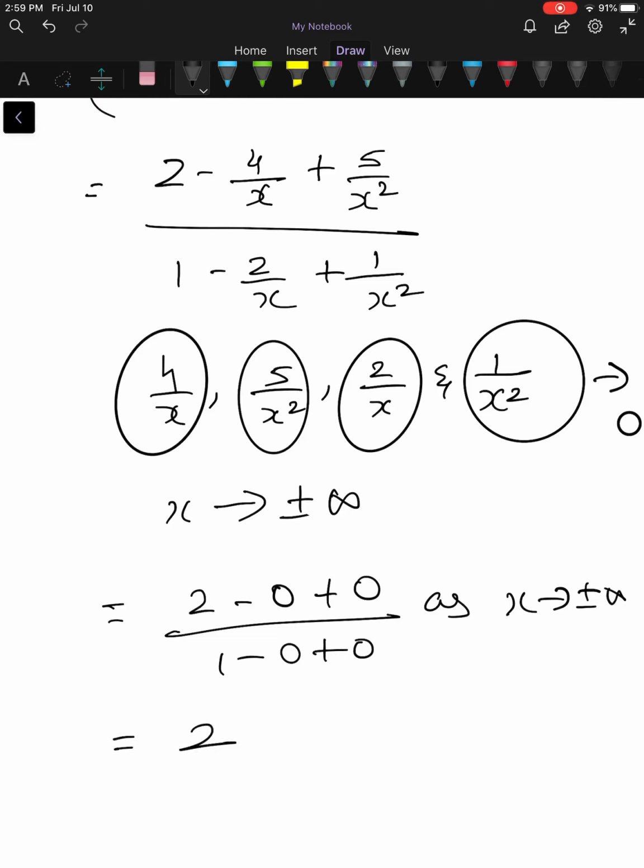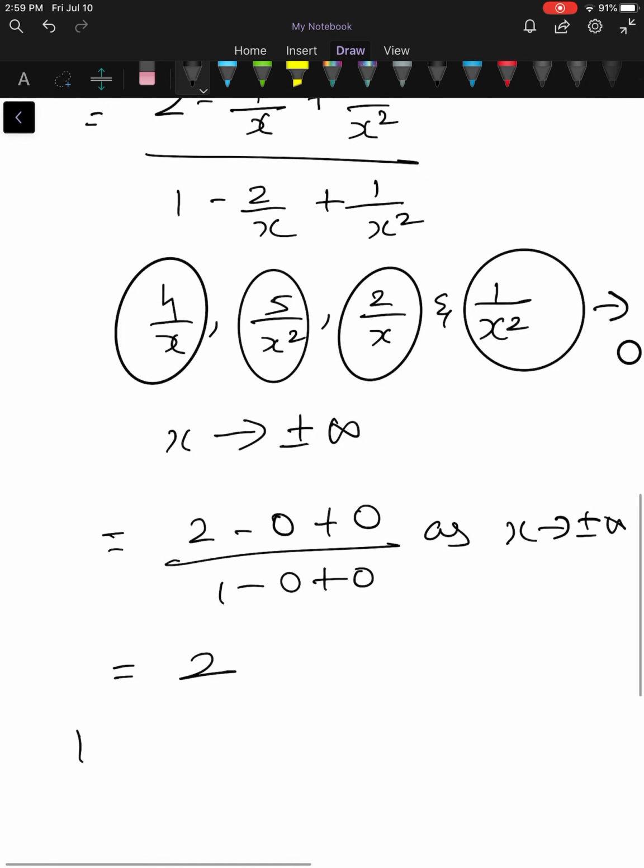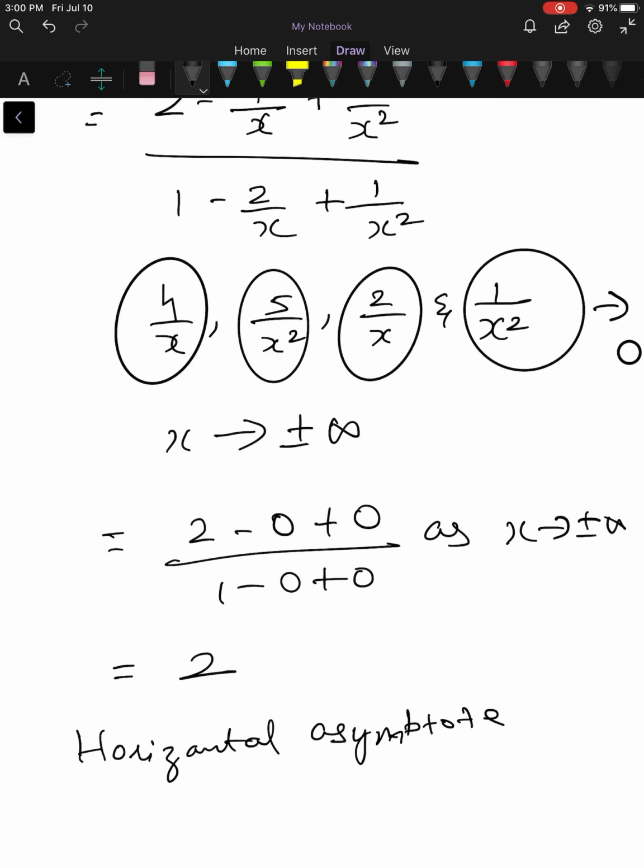So the rational function approaches 2 as x tends to plus or minus infinity. Therefore the horizontal asymptote is y is equal to 2.